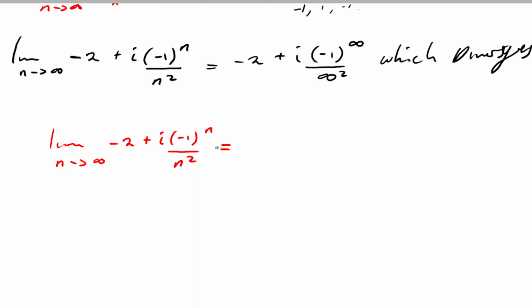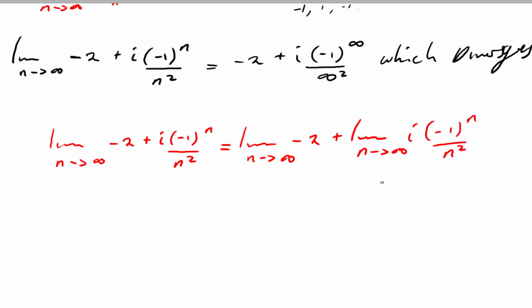So we can write the limit of the real part, which is the limit as n approaches infinity of -2, plus the limit of the imaginary part, the limit as n approaches infinity of i times (-1) to the power n over n squared. So this is a limit property.